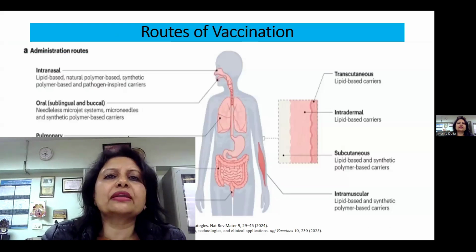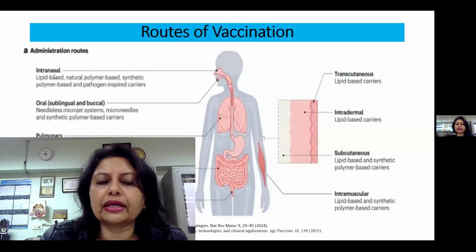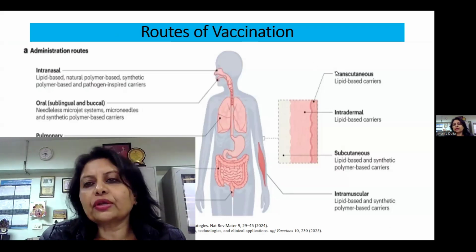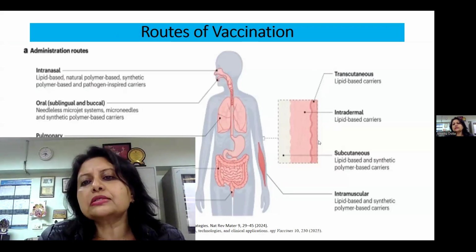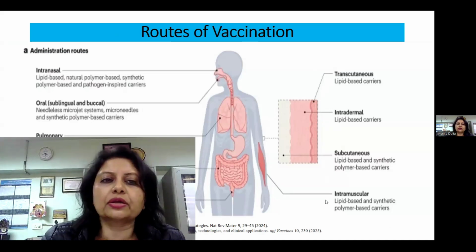Some of the routes of vaccination which are being studied include the intranasal, the oral, the pulmonary route, and the transcutaneous, where it can be intradermal, subcutaneous, or intramuscular route.